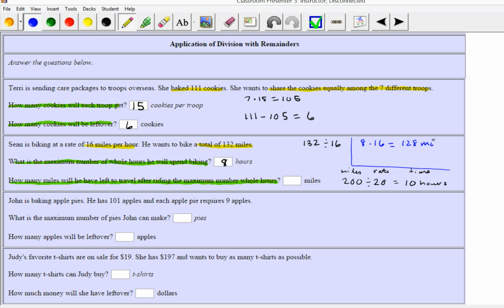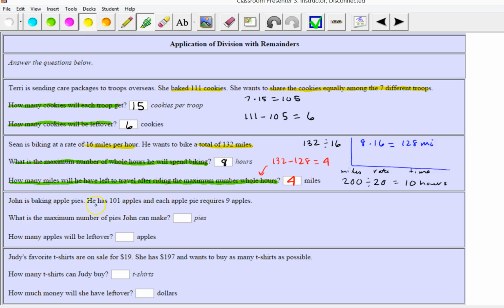Now he wants to go a total of 132. After 8 hours, he's gone 128. So the number he has left to travel will be the difference between 132 and 128. So this will be 132 minus 128, which is 4 more miles remaining. Let's look at the next one.